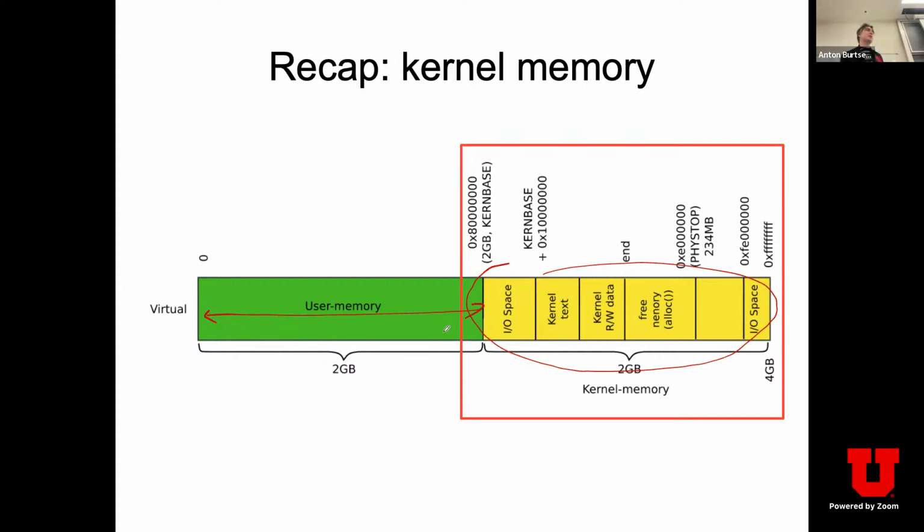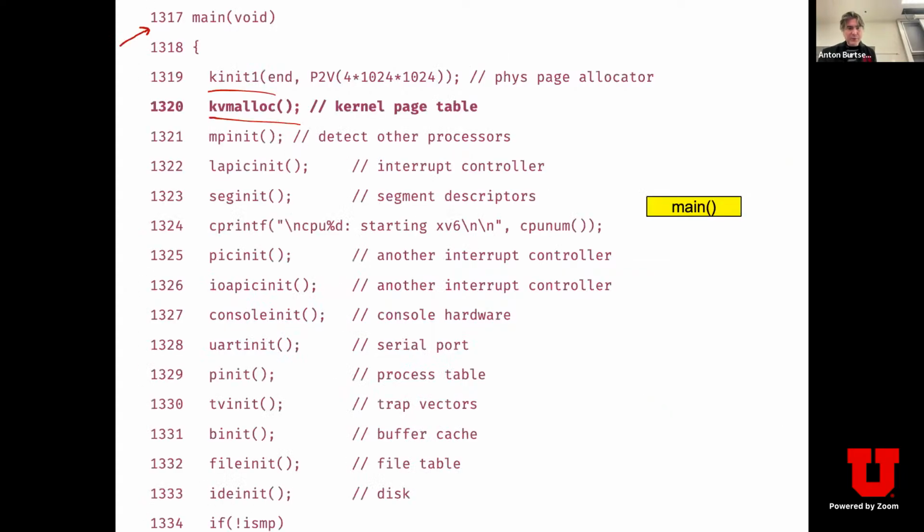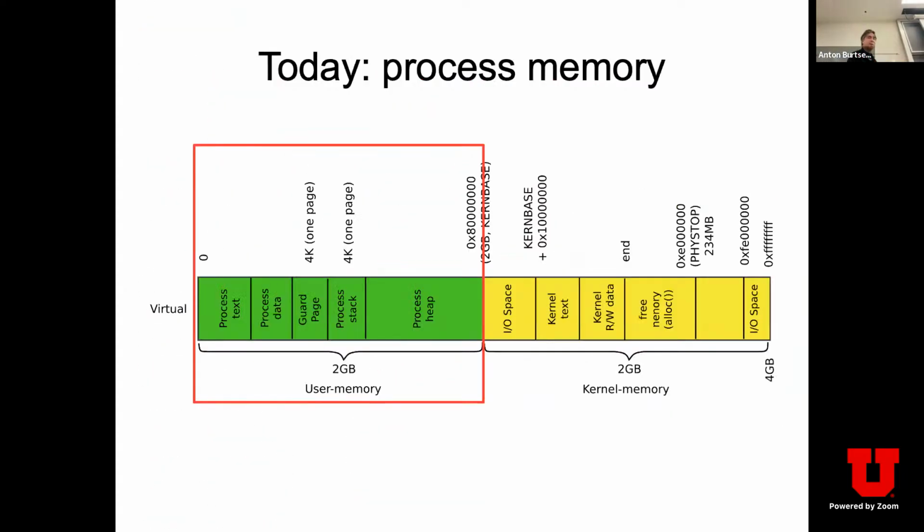Remember? So the kernel, we are currently running on a page table which has nothing in those addresses, right? Only these are mapped, right? Okay, and obviously our goal in this lecture is to understand how this part of the address space is created, right? However, there's an additional twist.